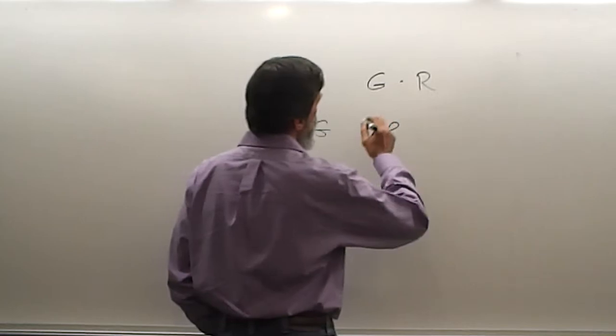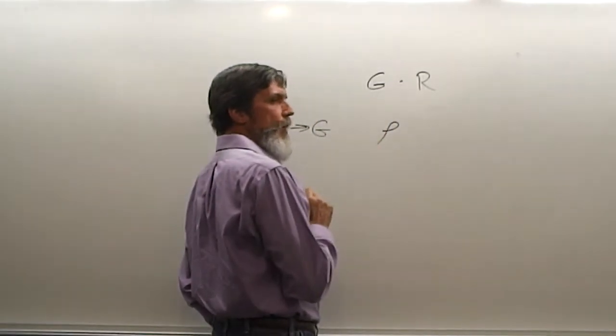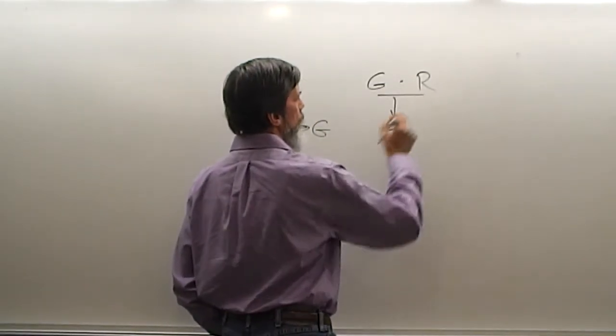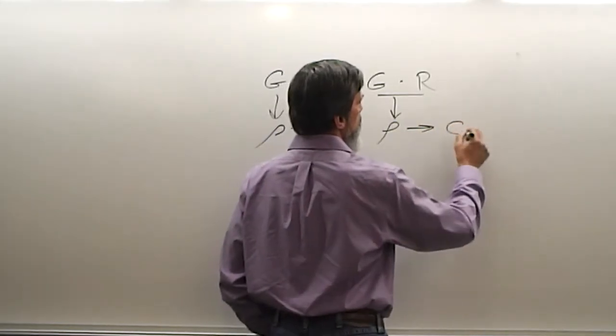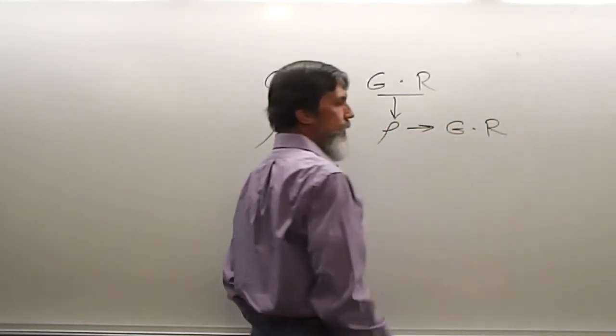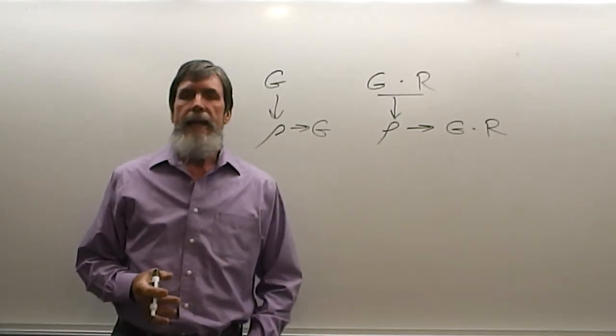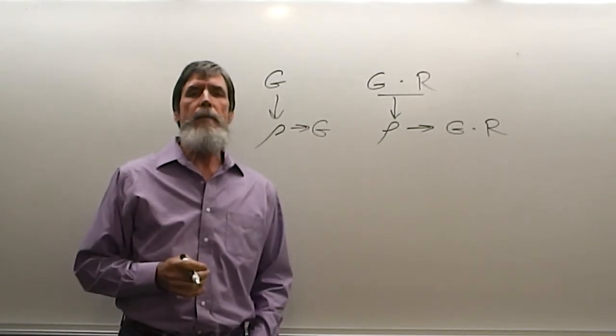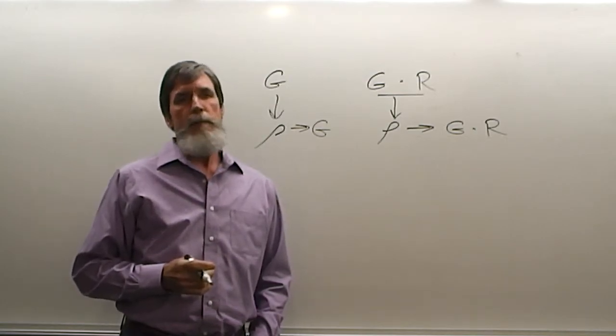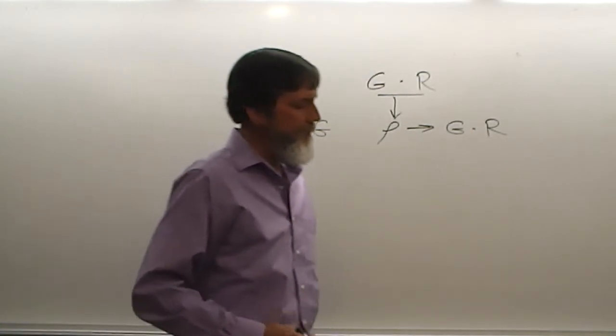If I substitute the compound statement G dot R for P, we generate G dot R. I'm just demonstrating that absolutely any actual statement, simple or compound, can be substituted for a simple statement variable.